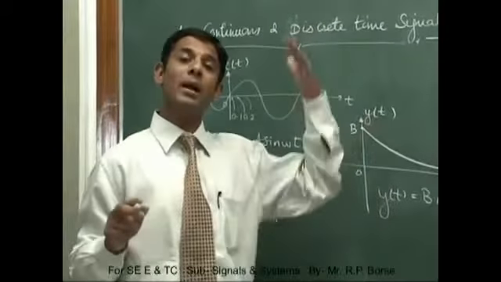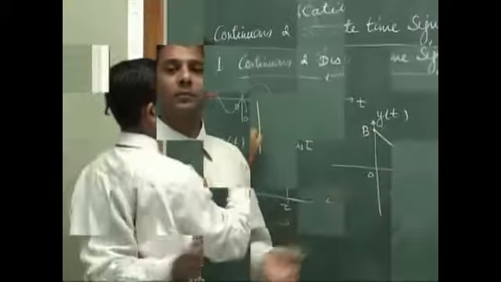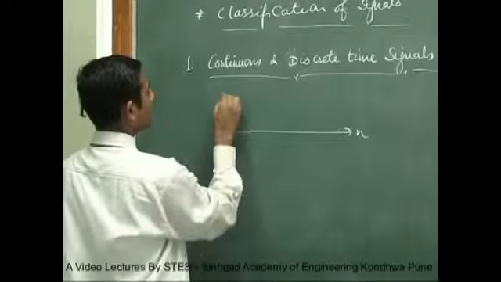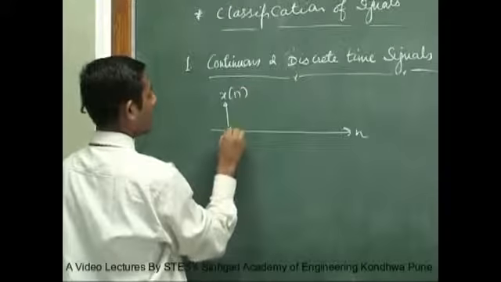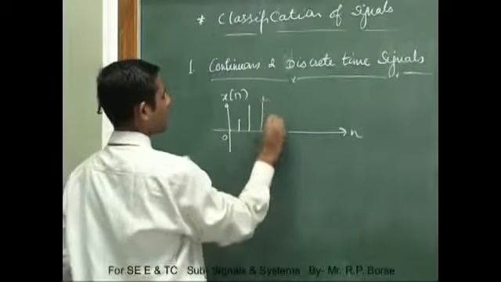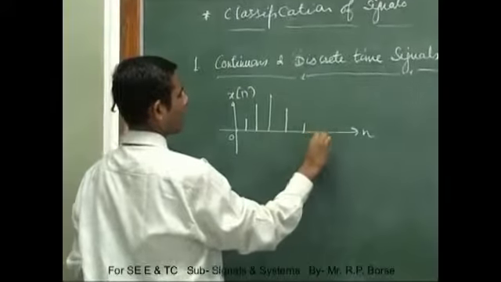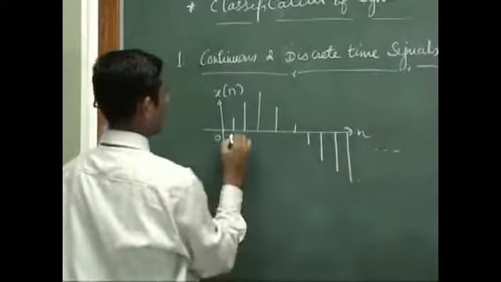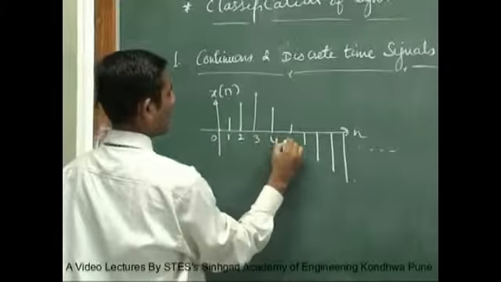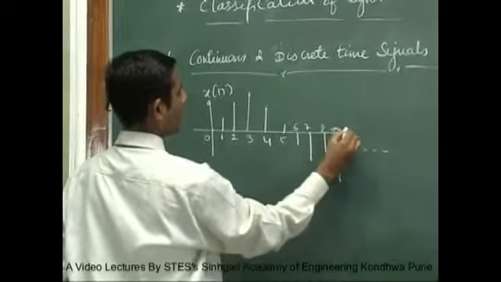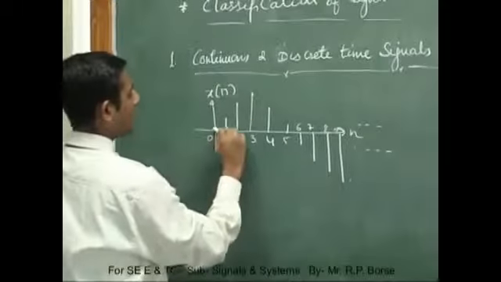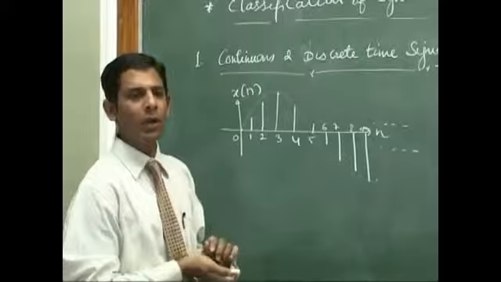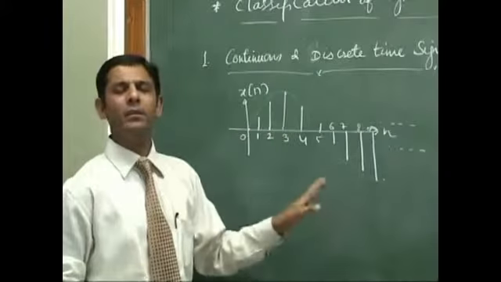Now let us see the other part of this, which is the discrete time signal. Let us see another classification, which I told you is discrete time. So if you have a signal something like this, now if you could see, the lobe of the signal resembles the lobe of a sine wave, or it can even be an exponential wave or any regular signal.